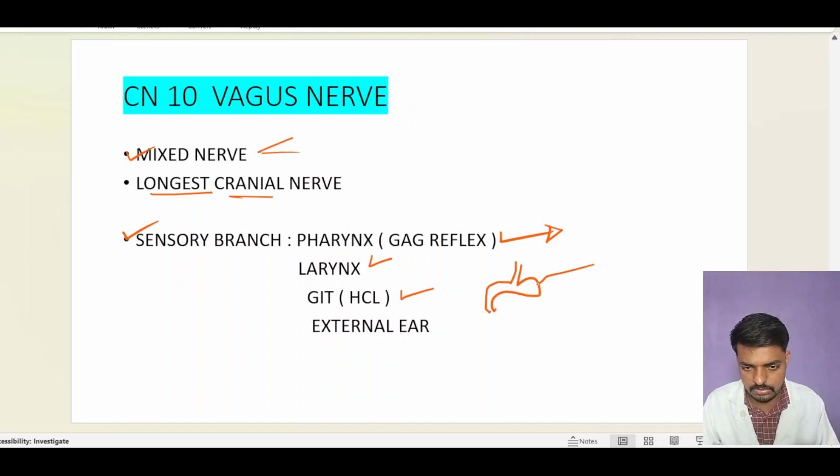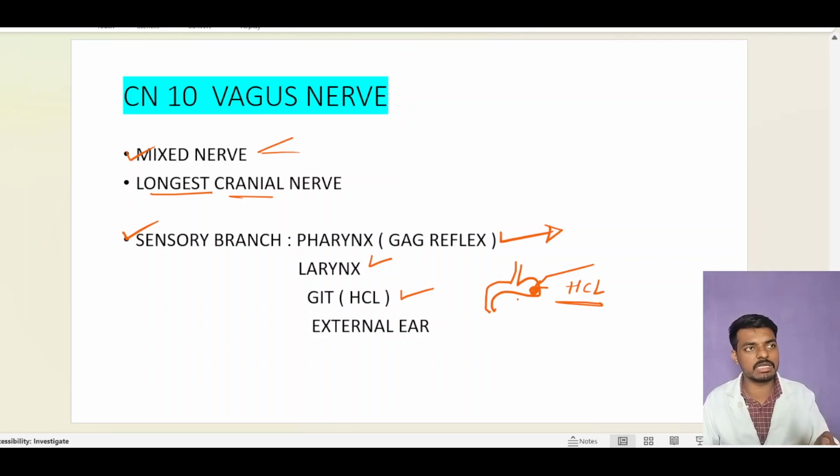The sensory branch supplies our stomach, which is responsible for the release of HCl. While studying Zollinger-Ellison syndrome, and very importantly peptic ulcer diseases and gastric ulcer, we will study vagotomy as a management of gastric ulcer.